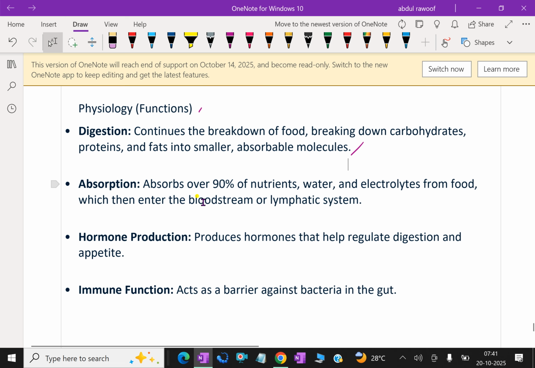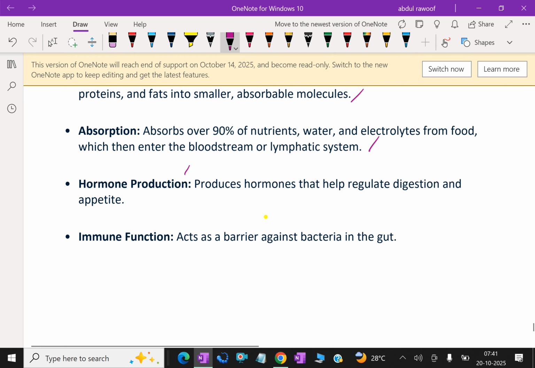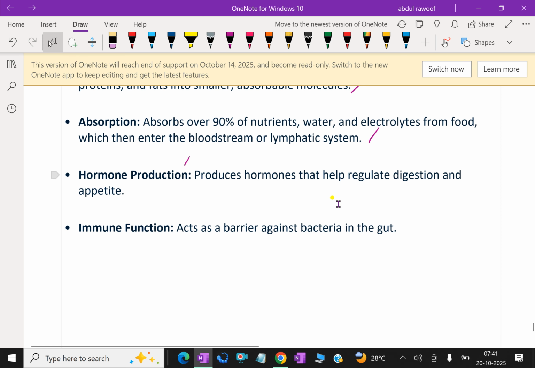Absorption: it absorbs over 90% of nutrients, water, and electrolytes from food, which then enter the bloodstream or lymphatic system. Hormone production: it produces hormones that help regulate digestion and appetite. Immune function: it acts as a barrier against bacteria in the gut.